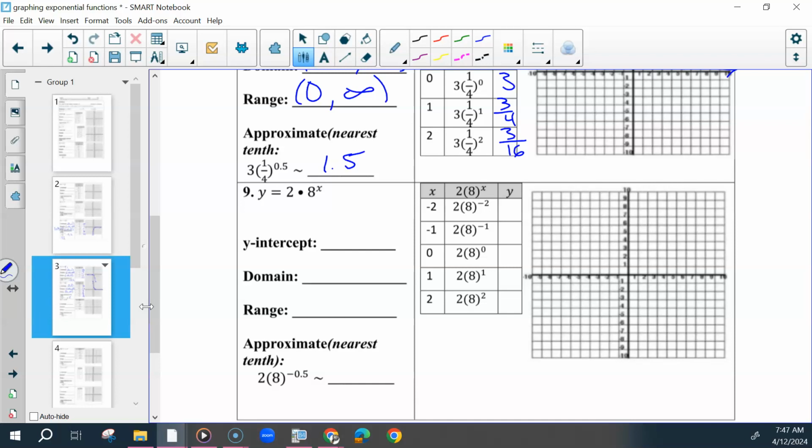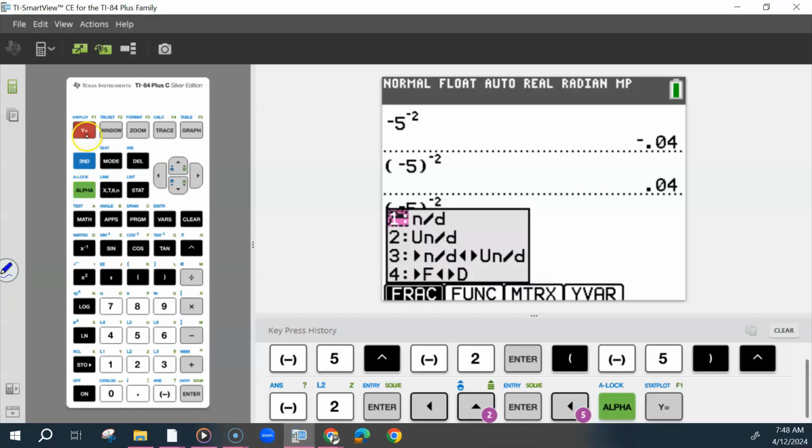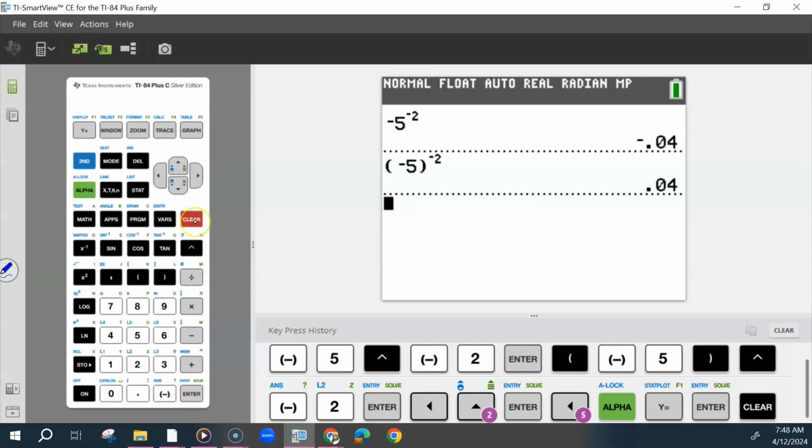So if you figure out what this part is, 8 to the negative 2, and then multiply it by 2, you'd have to simplify it. What'd you get? 3.25. Okay, so what would 8 to the negative 2 be as a fraction? 1 over 64. So in your calculator, you would put in 2 over 64.